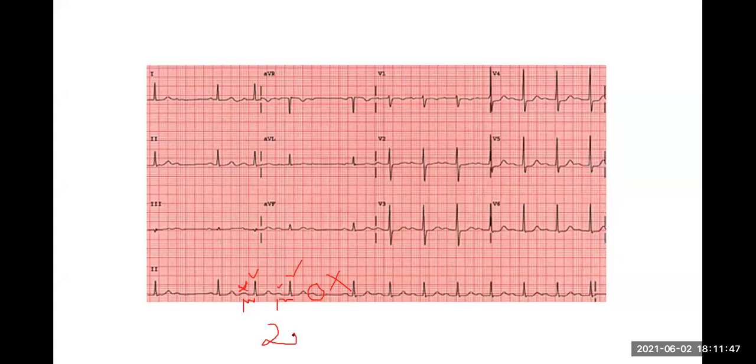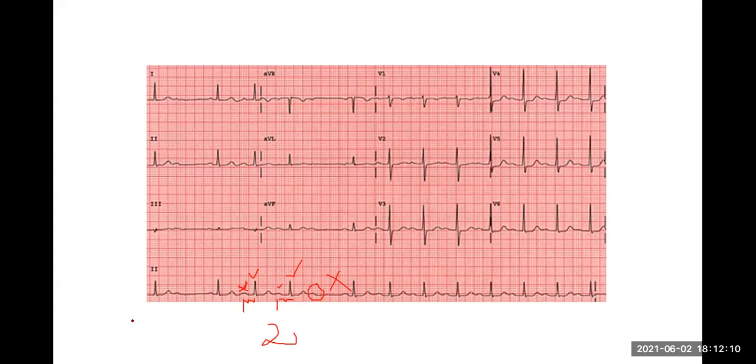No such thing in type 2. So what is the qualification as a second degree block? Some P waves go, some P waves don't. Then is there progressive prolongation of the PR interval before the miss? Yes, the answer is first degree. No, it is second degree.